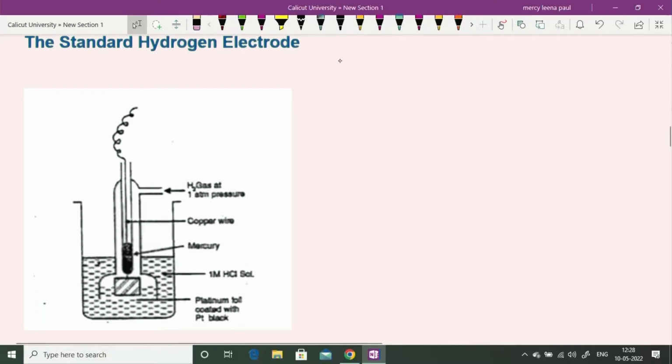Okay. Next, we will be seeing the standard hydrogen electrode. For convenience we represent it as SHE, that is standard hydrogen electrode, or you can also put it as NHE, where N stands for the word normal.